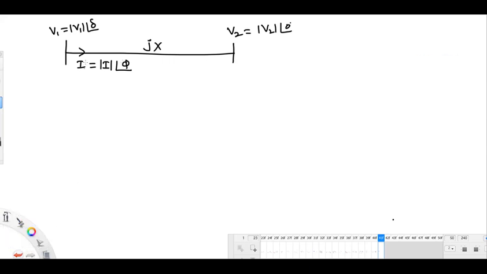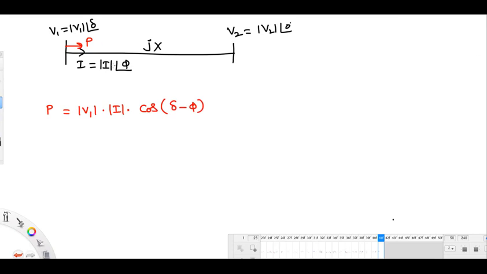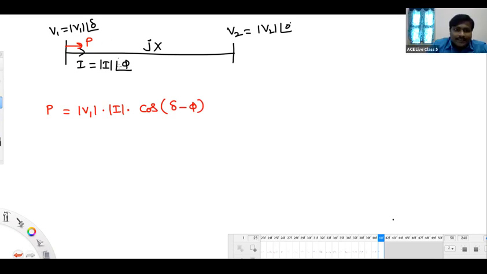Now, what is the real power delivered by bus 1? I will have two equations for this. One is mod V1 mod I cos of delta minus phi, because delta minus phi is the angle between voltage and current.